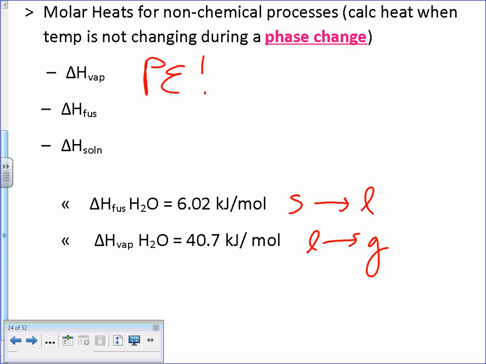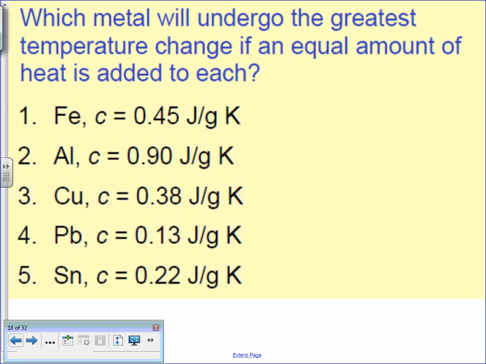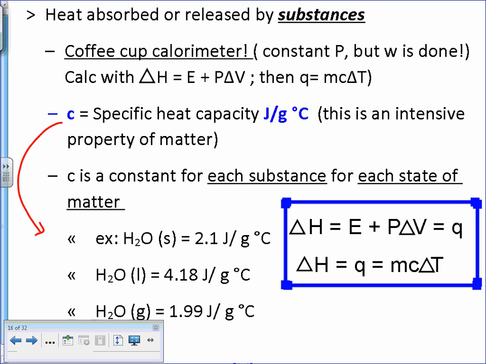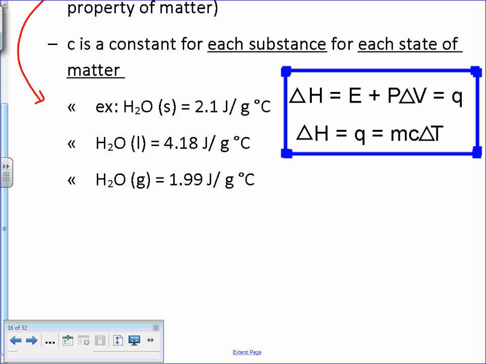Okay, so other values you should know. These are the delta H's for water for phase change, only for phase change. The other one, sorry, I'm going back and forth a lot today, is this right here: the specific heat capacity of water, and that's one you'll probably use more often than not. The states of matter for water have different C values.